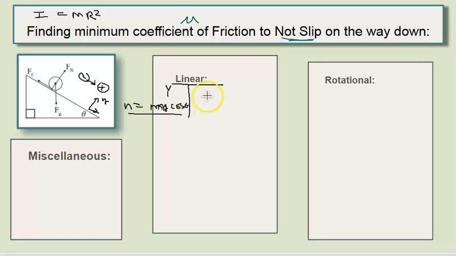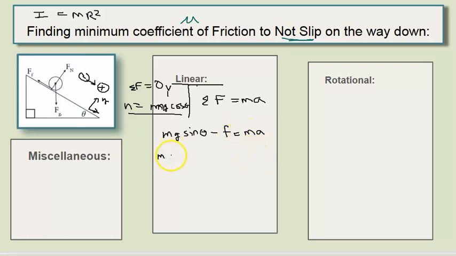But what we care more about is, and that's coming from, the forces perpendicular to the incline are balanced. The forces parallel to the incline are not balanced. It's accelerating down the incline. So mg sine theta is winning, minus friction equals ma.